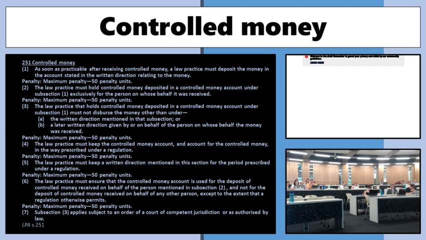But the bookkeeping aspect of controlled money is kept separate and distinct from the accounting that you do for your general trust accounts. All the stuff that we've done yesterday and today, controlled money accounts have their own separate sets of accounts. So you could imagine if you're doing a manual trust accounting system, these things could be pretty cumbersome.